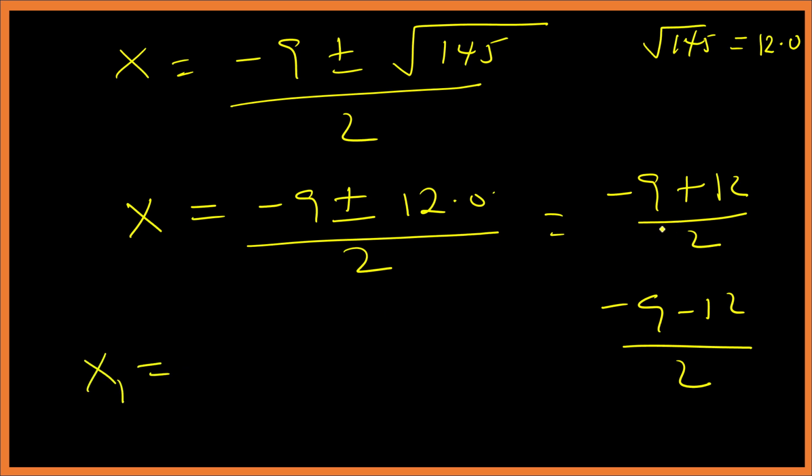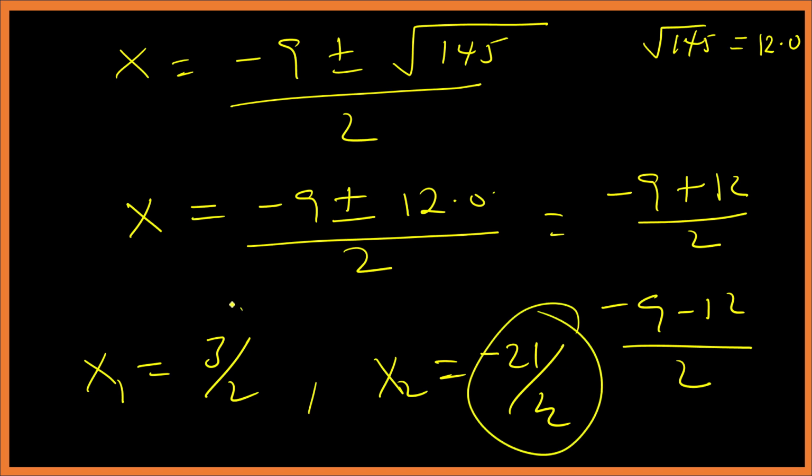Minus 9 plus 12 will be 3, so 3 on 2. Then my x2 will be minus 21 on 2 as a solution.